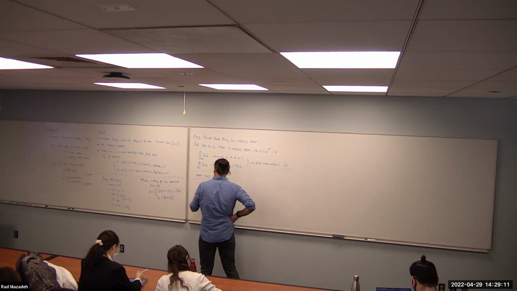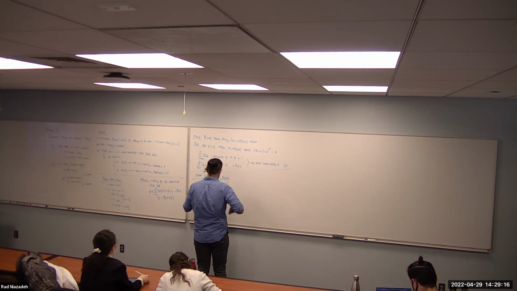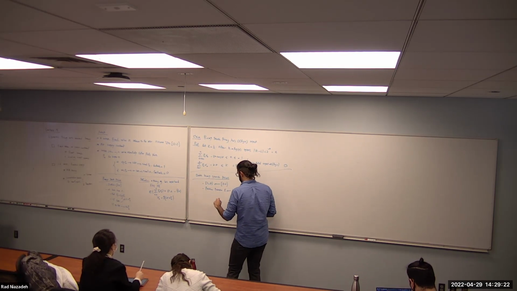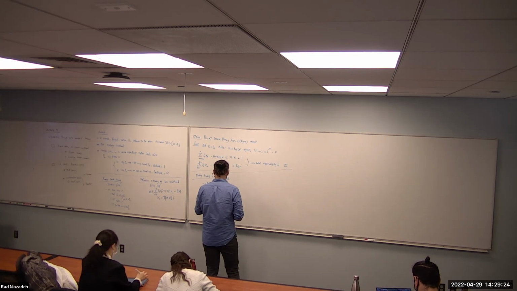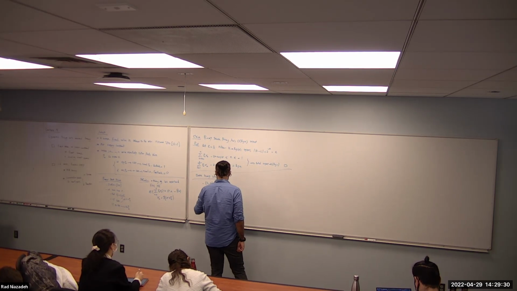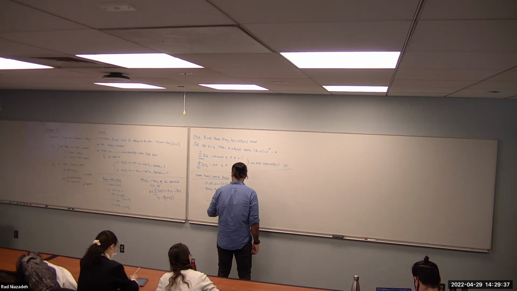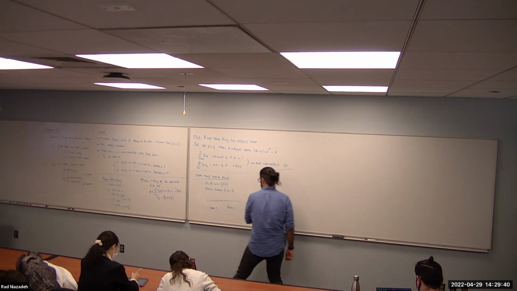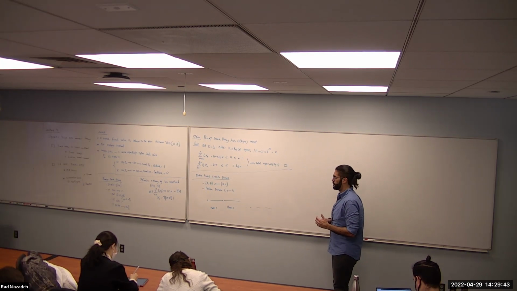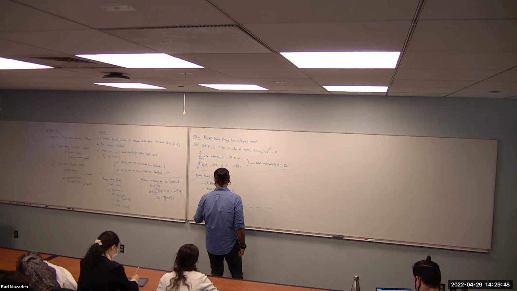So here is what it does. You will have a couple of phases. This is going to be phase 1, this is going to be phase 2 until the end. In this phase, your precision parameter is going to be epsilon.